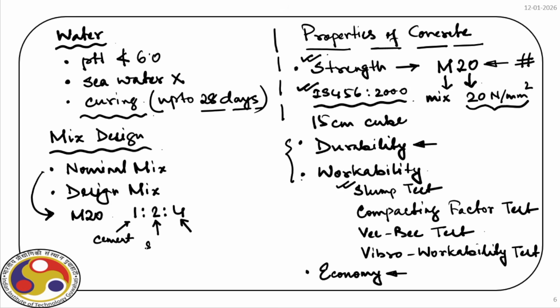If we mix it and add water to prepare a mass concrete, we get a strength of M15. Likewise, if we have 1:3:6, the concrete that we get is M10.